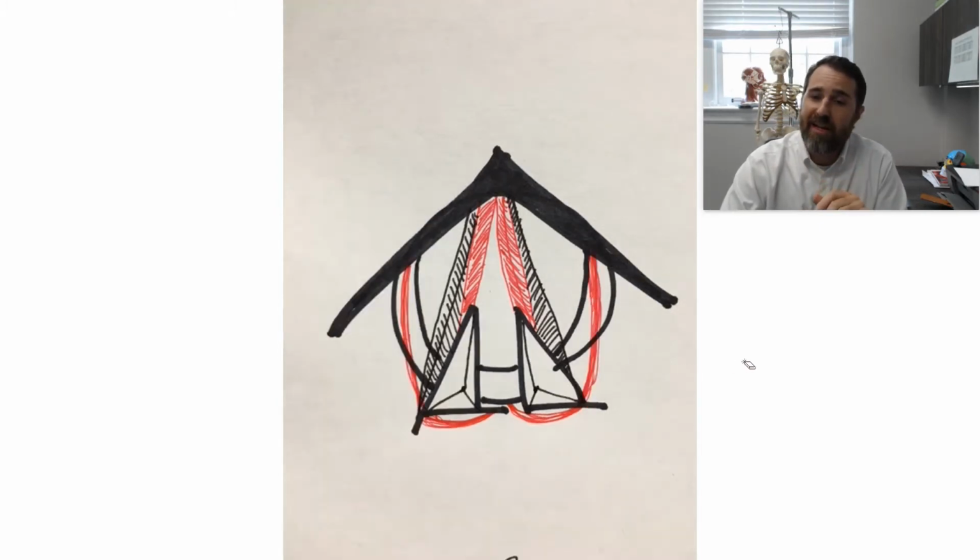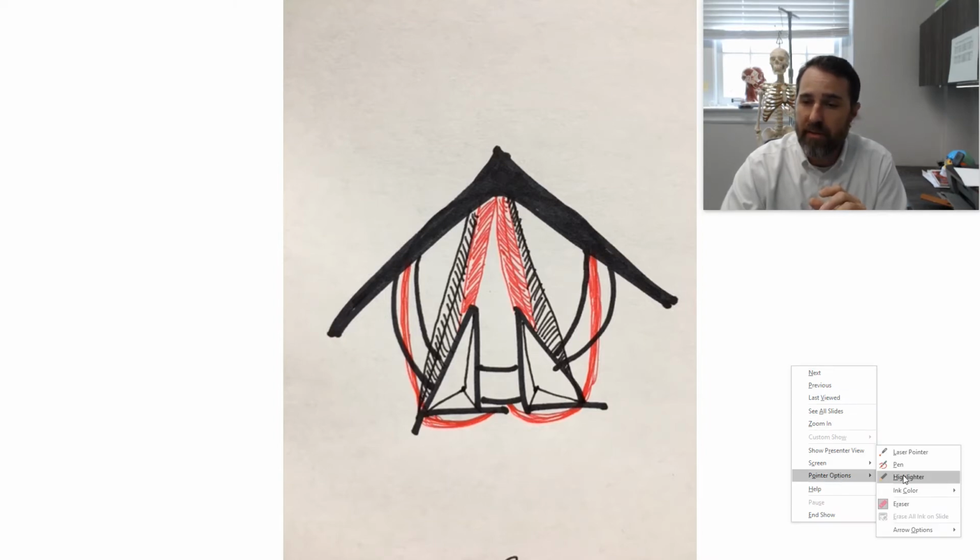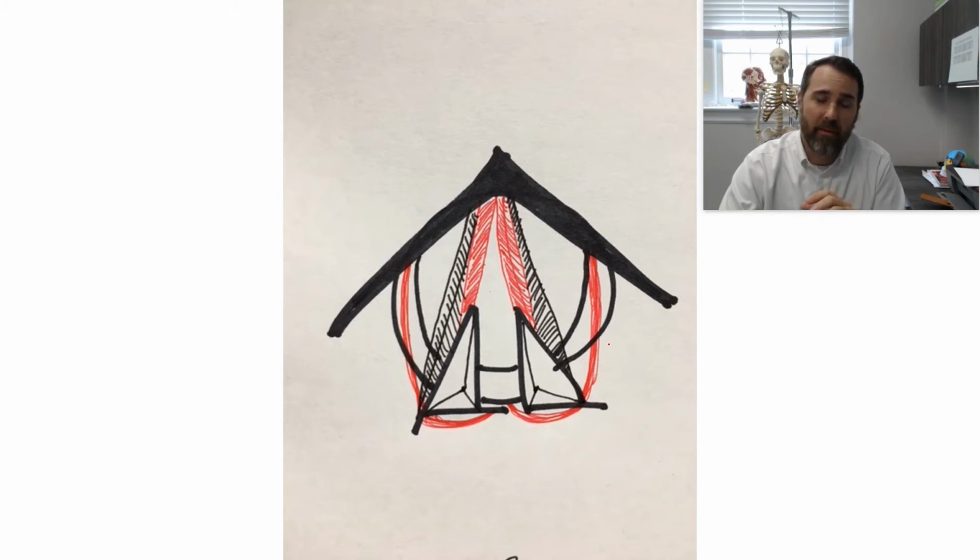The muscle that directly opposes the posterior cricoarytenoid is known as the lateral cricoarytenoid. And it runs from the front bottom of the cricoid up and attaches to the arytenoids like this.